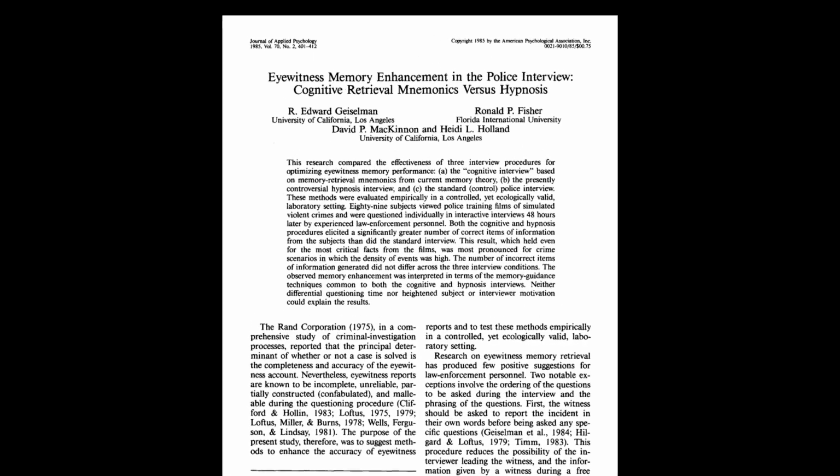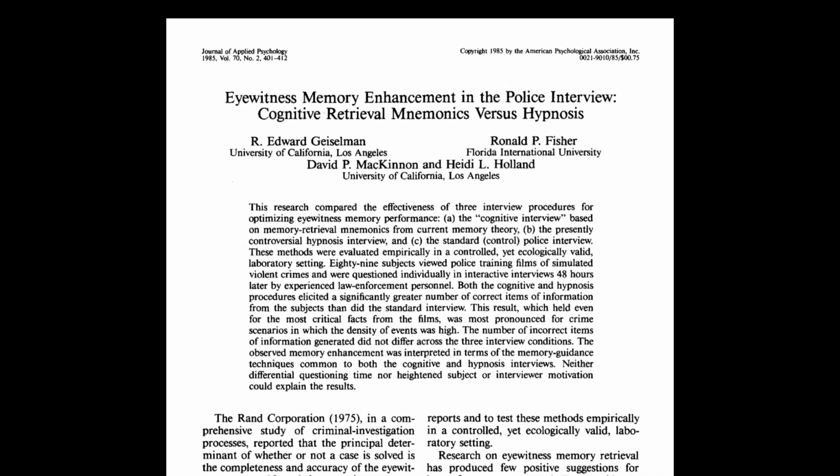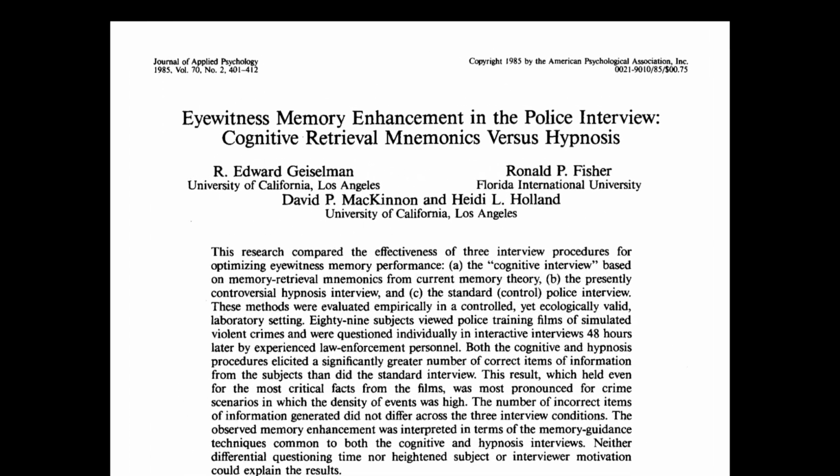Well, as you heard in the earlier videos, the evidence is pretty convincing. For example, in 1985, Geiselman, Fisher, MacKinnon and Holland published the results of a study they conducted comparing the effectiveness of the original cognitive interview with two other interview methods. These were a standard police interview and a hypnosis interview.